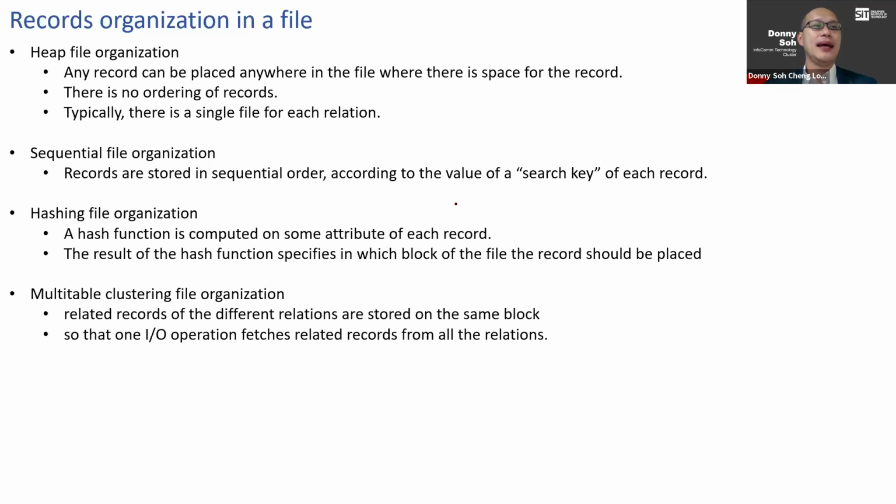There's also a hashing file organization, whereby you compute the hash function out of some particular attribute within the record. The result of it will then specify the block of the file where the record should be placed. And lastly, there's the multi-table clustering file organization, where related records are stored together so that the I/O fetches records that are very similar.